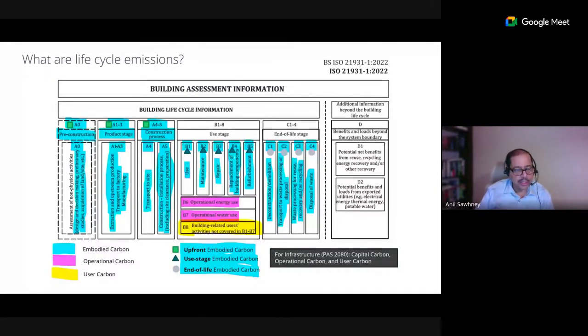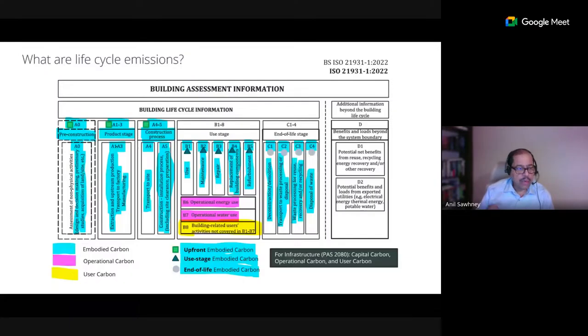So let's dig a little bit deeper into this. A0 is called pre-construction, which is basically acquisition. Acquisition of land, acquisition of right of way, and all that. Typically, we assume A0 emissions are zero for a building. A0 is traditionally associated with infrastructure projects only.